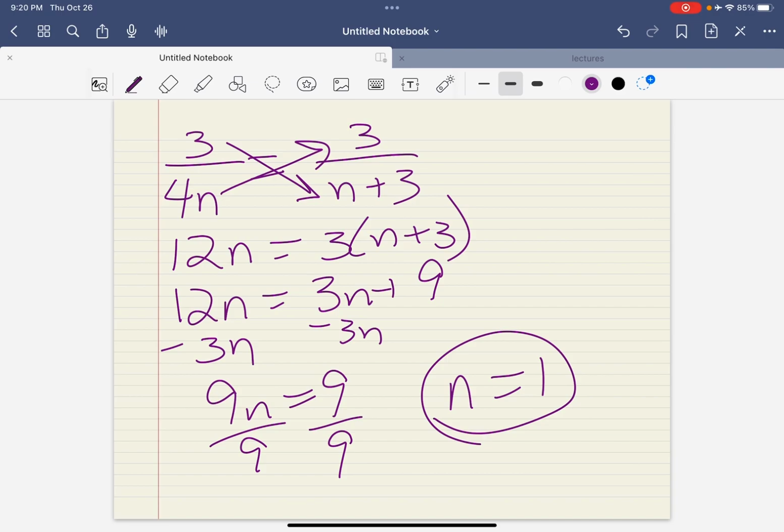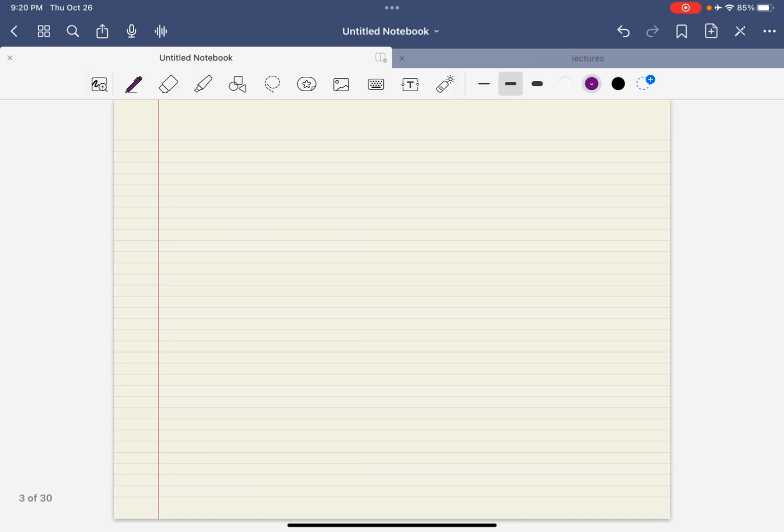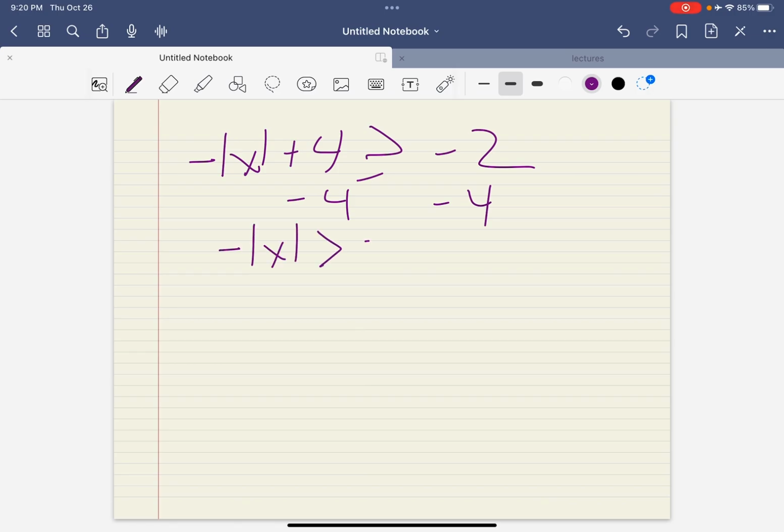Okay, number 10 says graph on a number line. Doesn't say anything about a domain, so... Okay, it's minus the absolute value of x plus 4 is greater than or equal to negative 2. So we want to solve for the absolute value of x. We have to divide by negative 1.